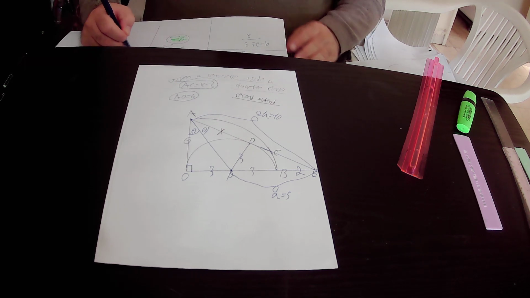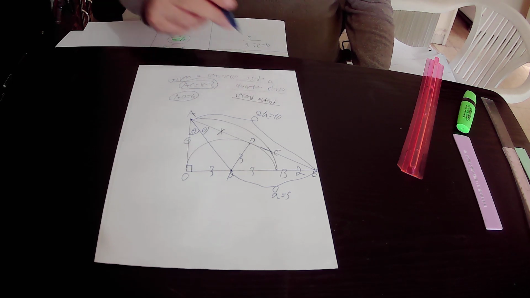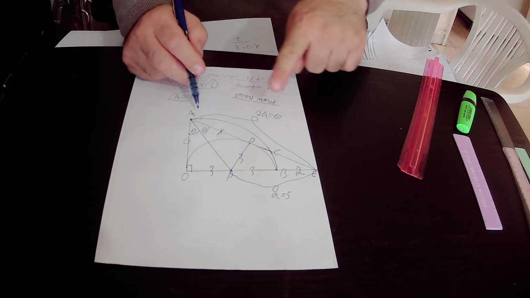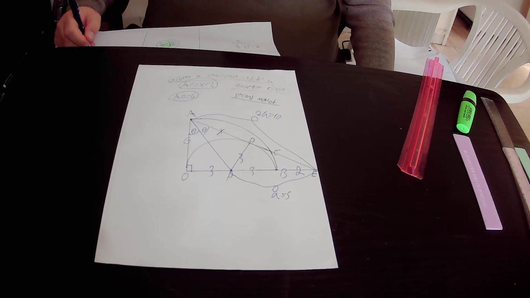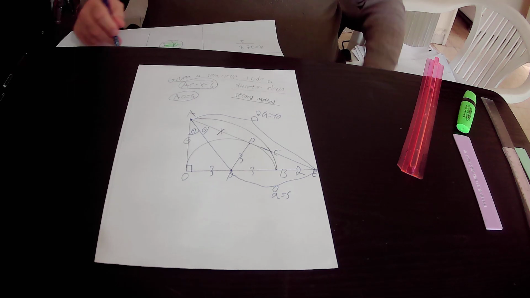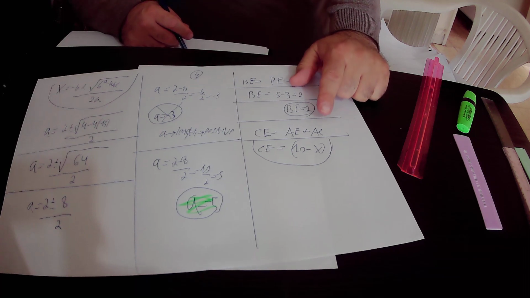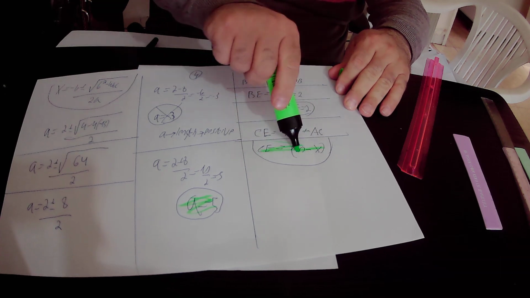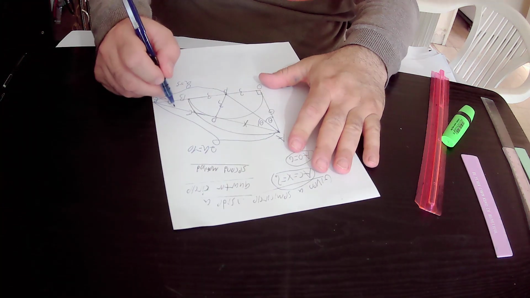So CE equals AE. We have already found out that AE equals 10 units. And AC is the line segment that we are looking for, and it is equal to X according to what is given in the question. So in conclusion, CE equals 10 minus X.